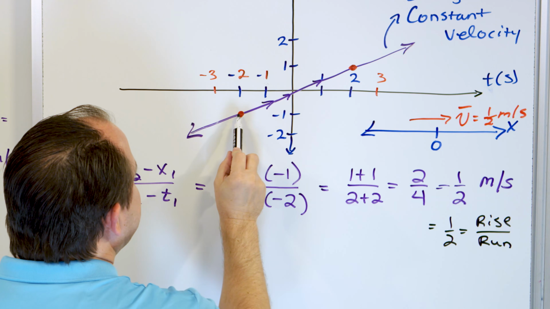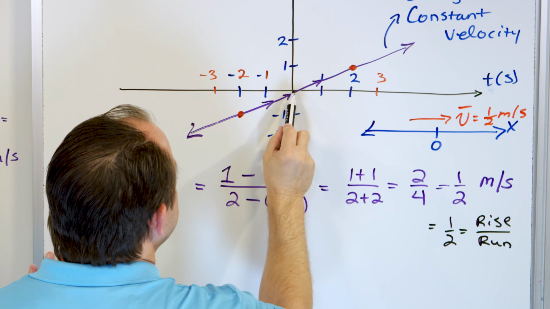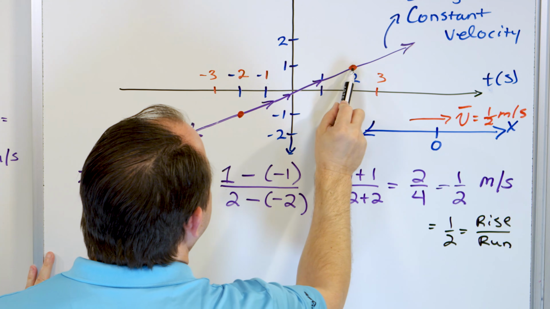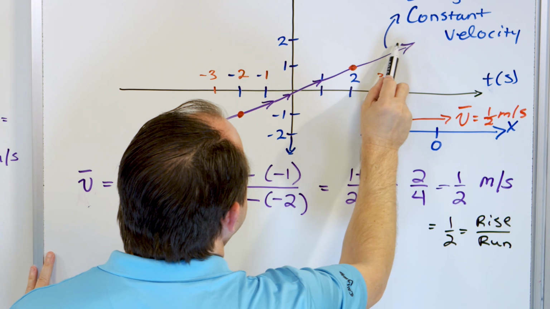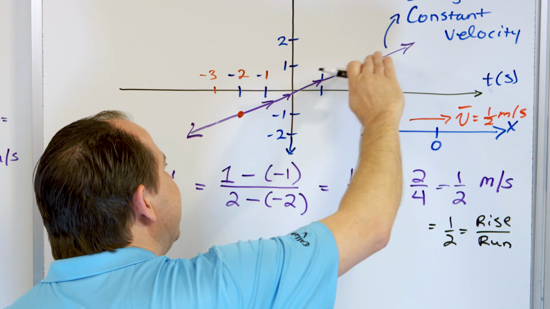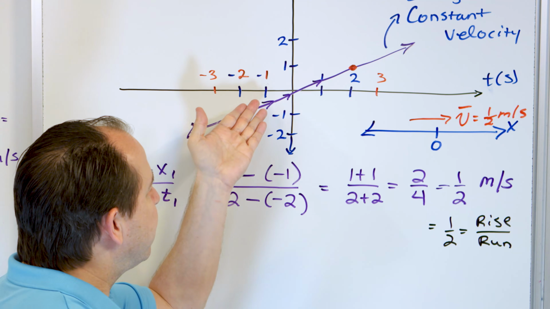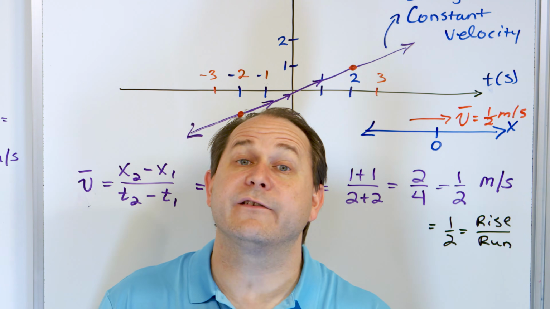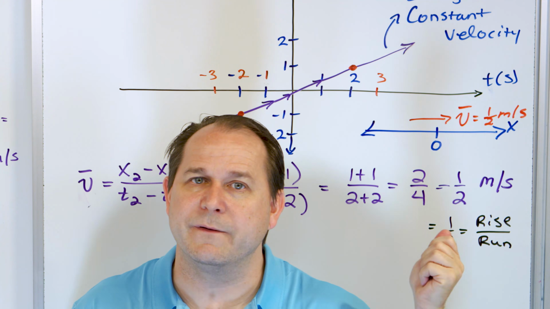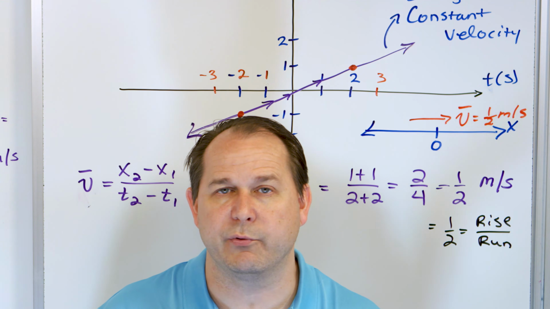If we start right here, rise up 1, run 2 spots over. And then rise up 1, and over 2 right here. Up 1 over 2, up 1 over 2. And you can see that the slope of this graph is 1/2 from looking at the graph, and the velocity we calculated is also 1/2. Once again, the slope of the line on the position graph is equal to the velocity between the 2 points.